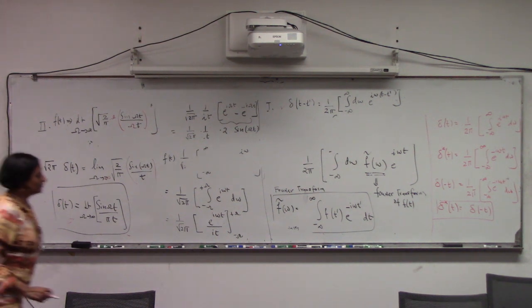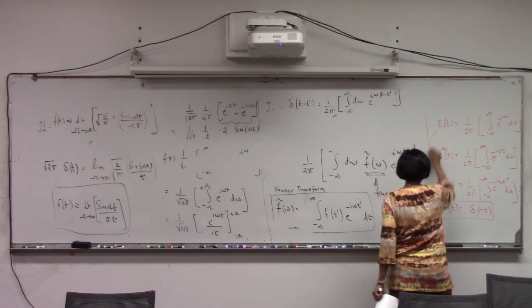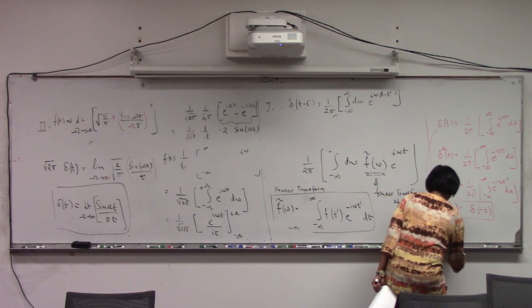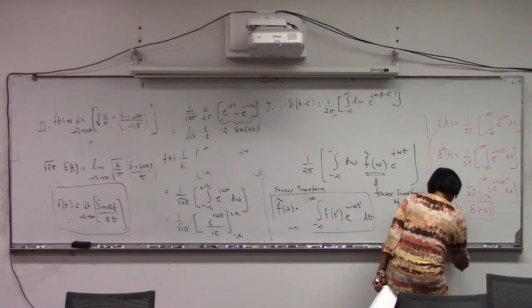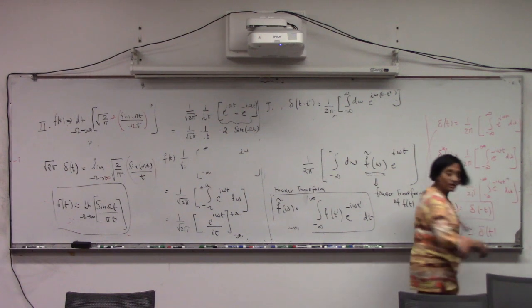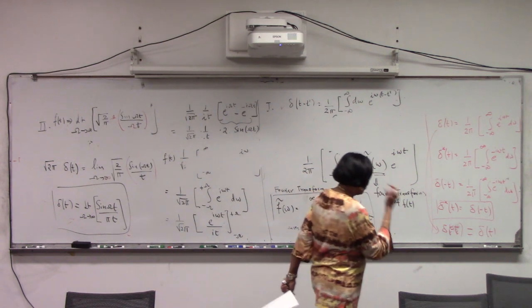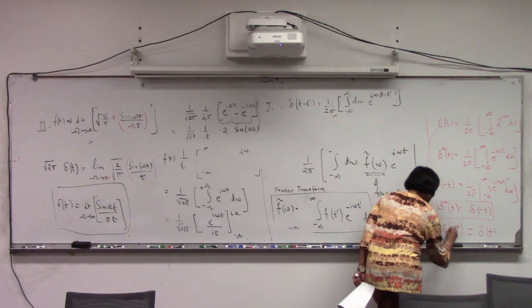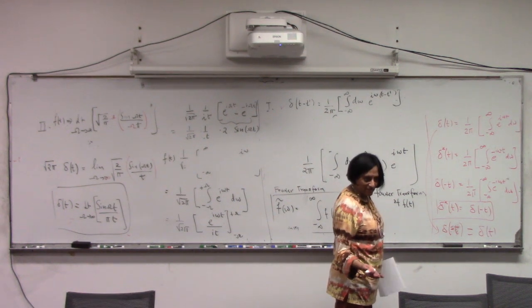Because of the nature of the Dirac delta function, it is 0 elsewhere, but at t equal to 0 it has to be infinity. So we have this property: delta of minus t is the same as Dirac delta of positive t.